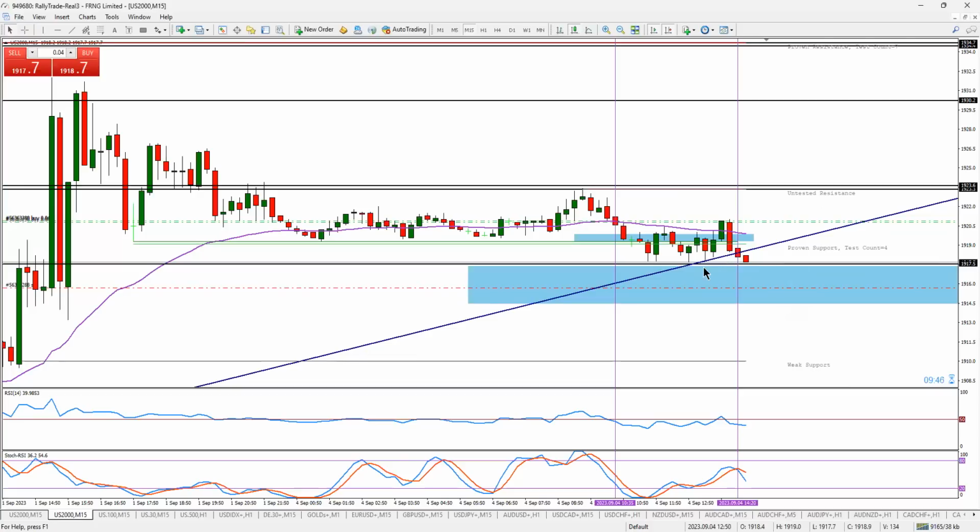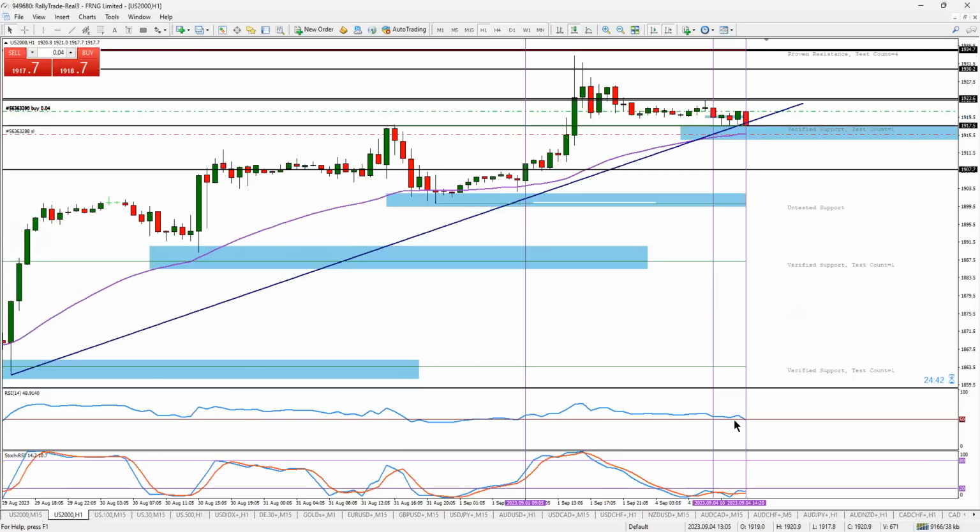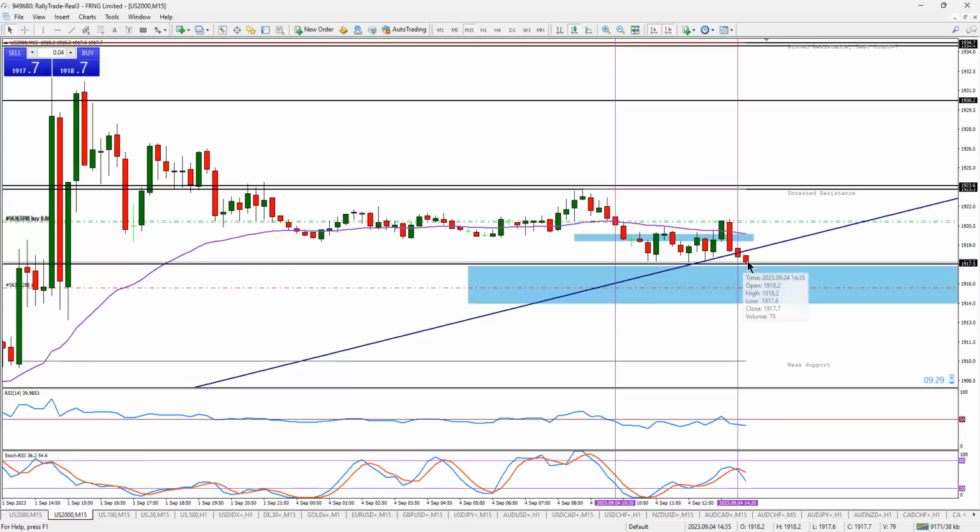So that means if I go on my 1 hour, although my RSI is bending as if it wants to go below 50, this 50 might reject and start pushing up. And that might lead to this candle also starting to go up as well.